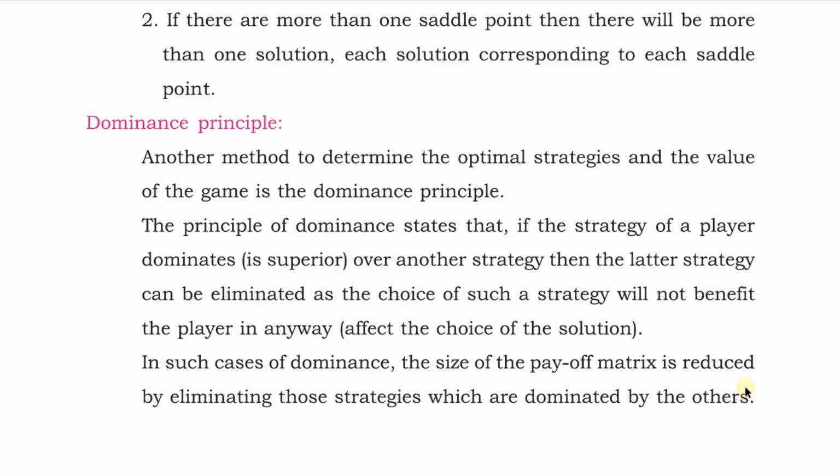So the one strategy which is better than the other will dominate the least concerned strategy, so it will be deleted. So like that we will be reducing the matrix to just one number which resonates to the best strategy of A and B. So this is the difference between dominance principle and the maximin minimax method.